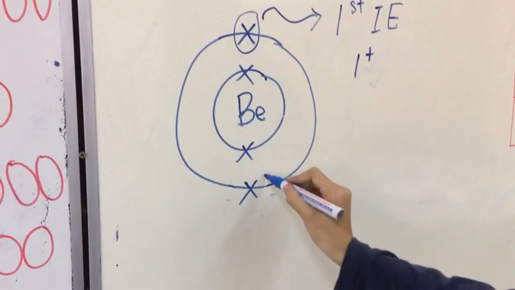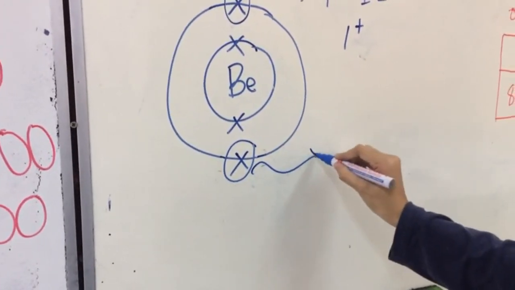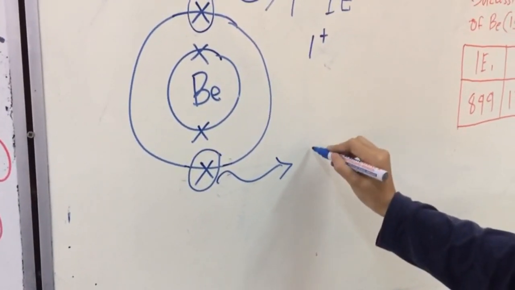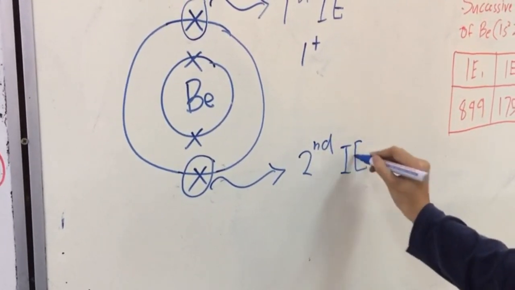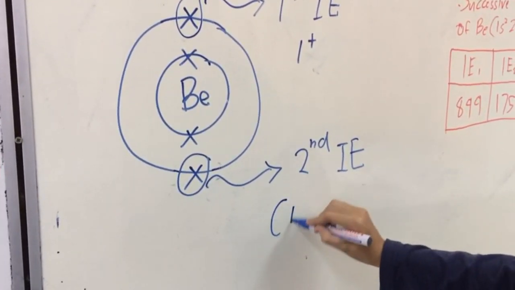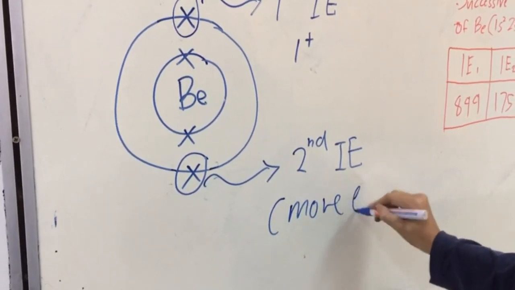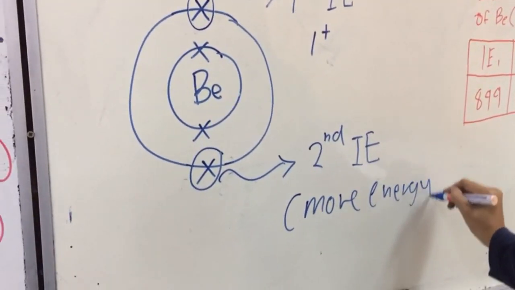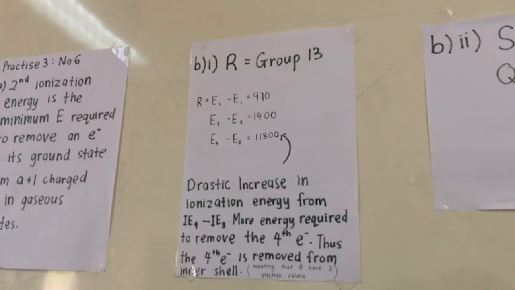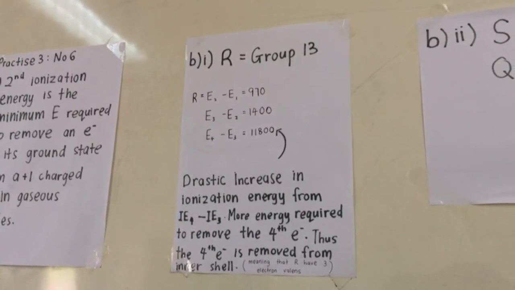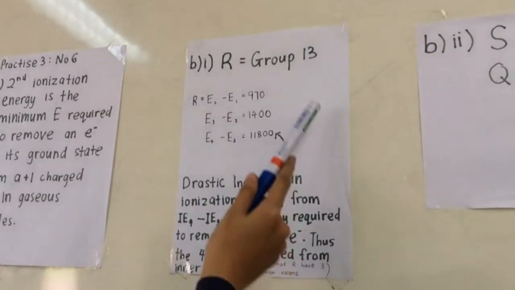When the second electron is removed, it is the second ionization energy, which requires more energy, and it gives 2+.